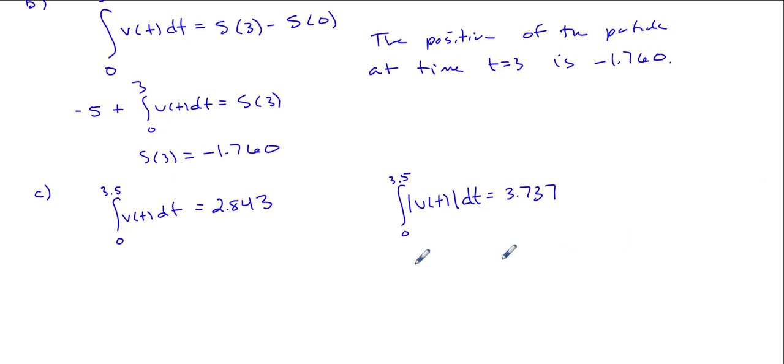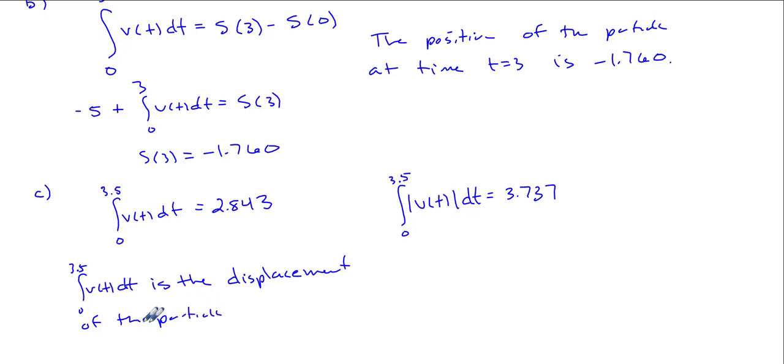The integral from 0 to 3.5 of v of t dt is the displacement of the particle over the time interval. We're going to be inclusive in our time interval because we are including 0 and 3.5.